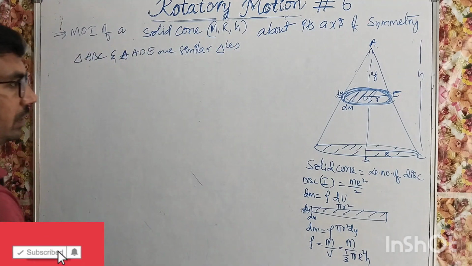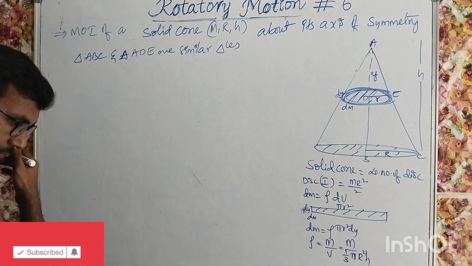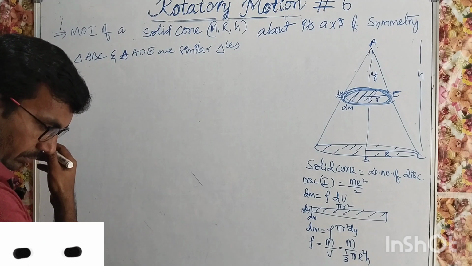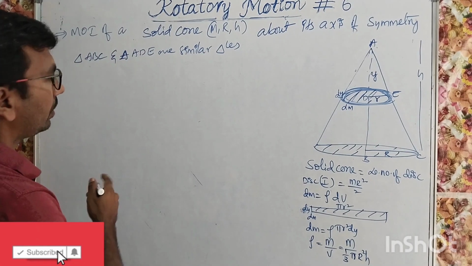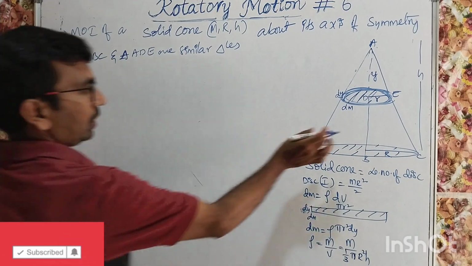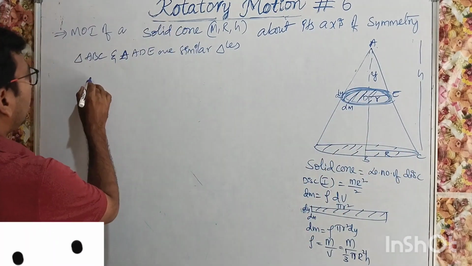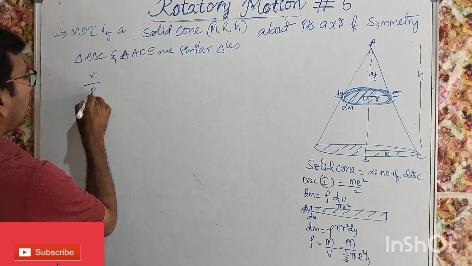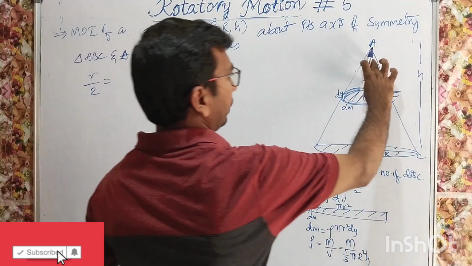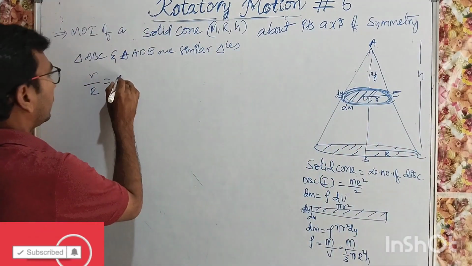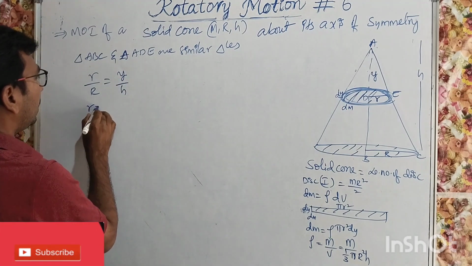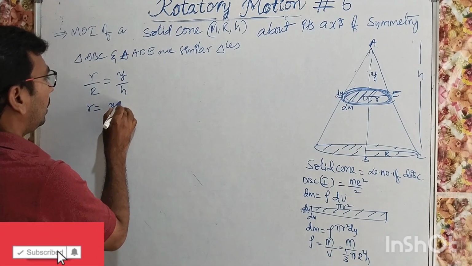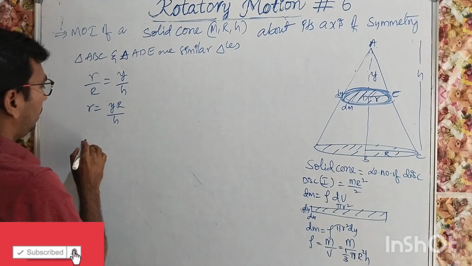From that you can write small r by capital R is equal to y by total h. From that, r is equal to y R by h.